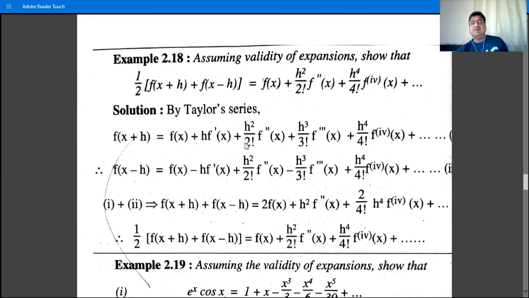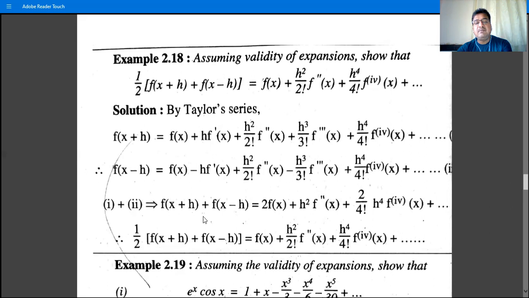And this h square by 2 factorial f double dash x and this plus h square by 2 factorial f double dash x becomes 2 times h square by 2 factorial f double dash x. Okay. Then this becomes 0 and this is 2 times h raised to 4 by 4 factorial f raised to 4 of x, this addition. And then take that 2 as common and shift that 2 to LHS.